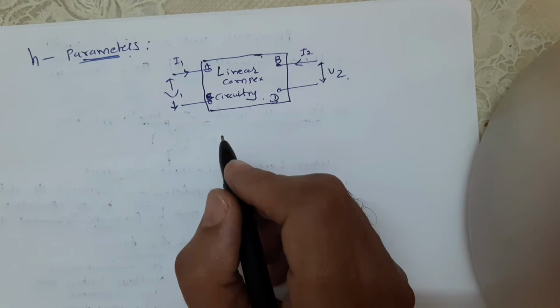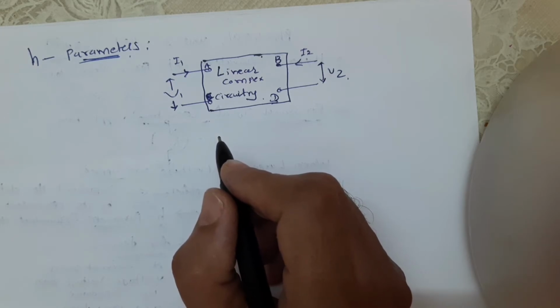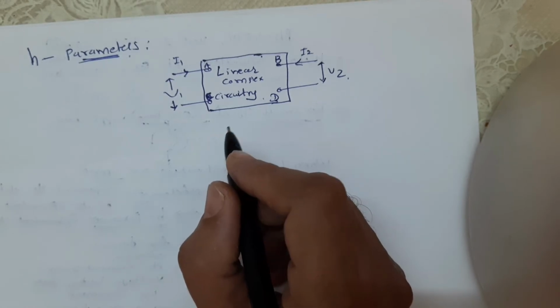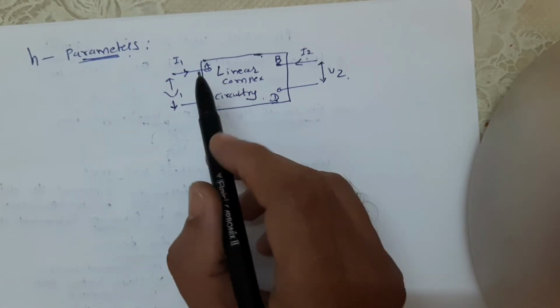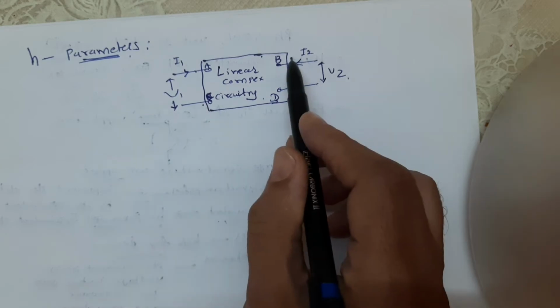Any linear complex electrical network, whether active or passive, can be represented by a four terminal network or black box having four terminals, AC and BD.